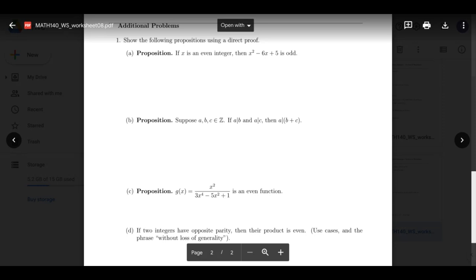Do you see that? X is given as an even integer. Oh, I thought we were trying to prove that x squared minus 6x plus 5 is odd. Yes, we're trying to prove that. We're trying to prove that it is odd by assuming x is even. You see, if p, then q. Okay, I understand now. So if x is 2a, then if we put 2a in the equation, it should come out as odd. Exactly. Oh, okay, thank you. You're welcome.